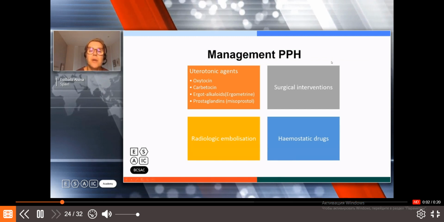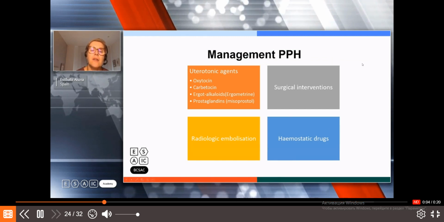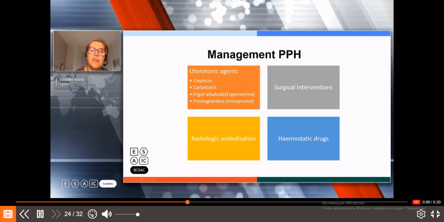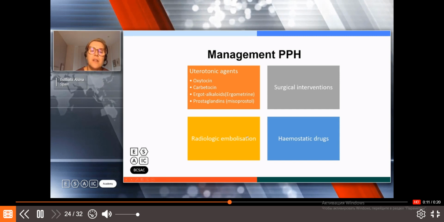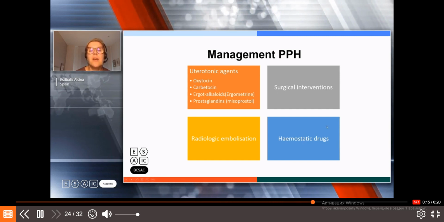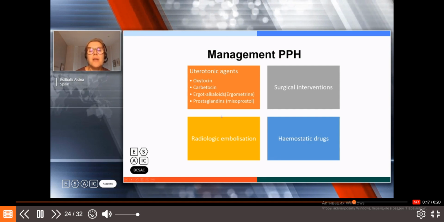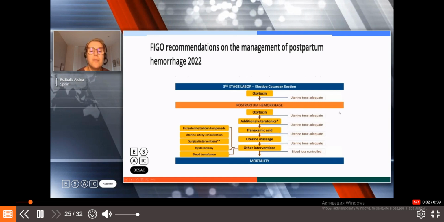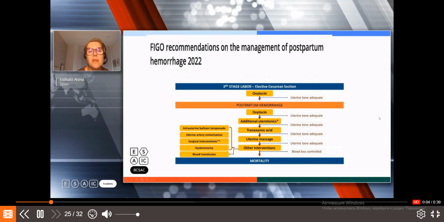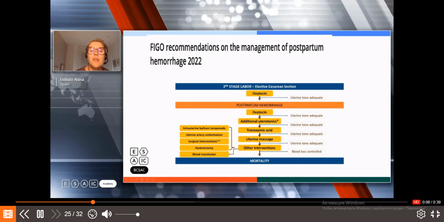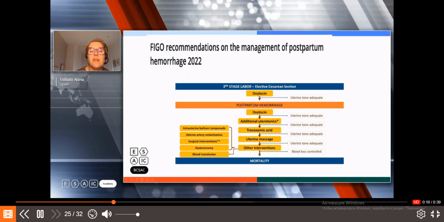In the management, we have four squares: uterotonic agents, radiological embolization, surgical intervention, and hemostatic drugs. They have to be all considered at the same time. Here you see the figure recommendation in 2022. The first part is oxytocin.